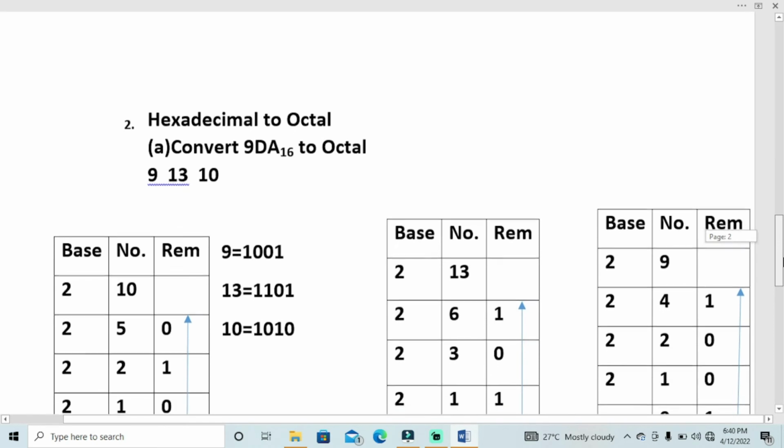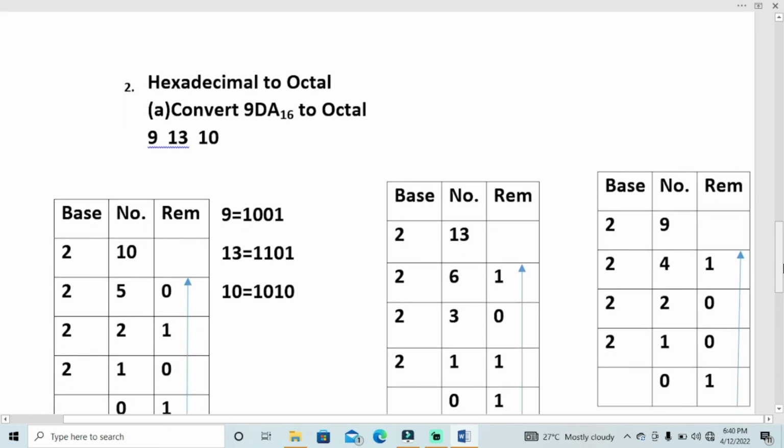So the second conversion between octal and hexadecimal that we want to look at today is hexadecimal to octal conversion. This is where we'll take a question asking us to convert 9DA to base 16.